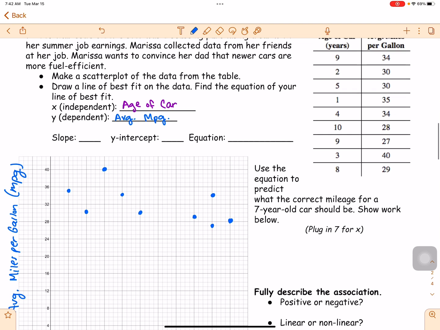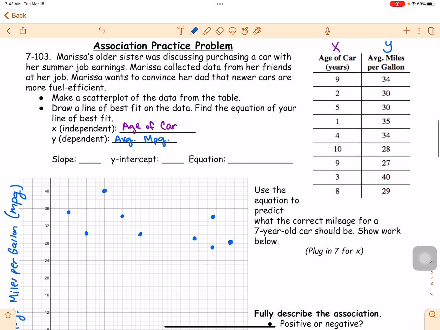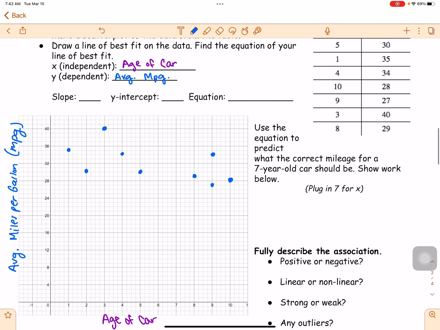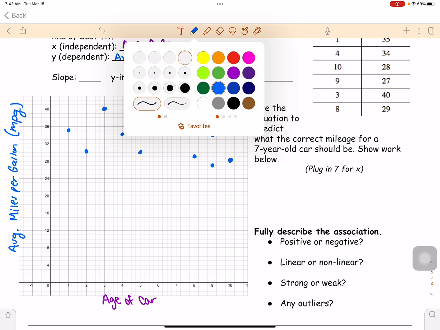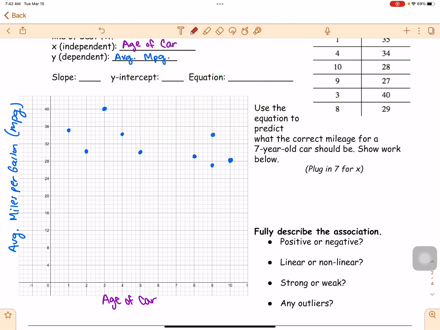You guys see here too, they didn't specify what kind of car they're looking at, right? So in this case, it almost looks like it has a negative association. It's a little difficult to see right now, but you can see how the data does trend downward.